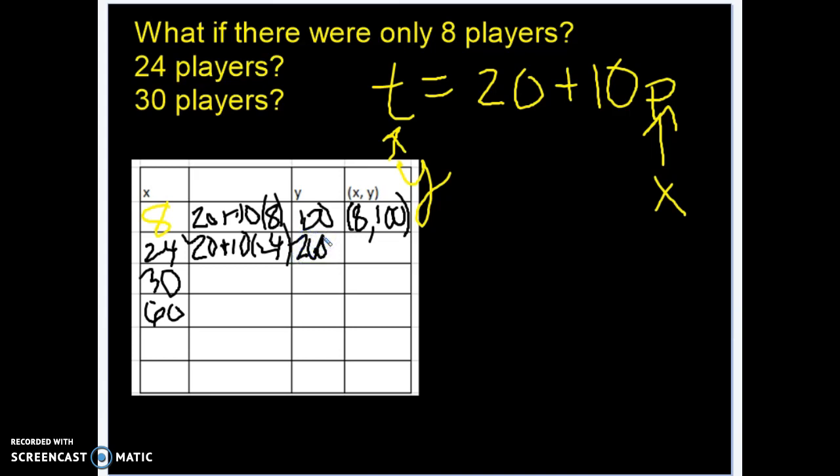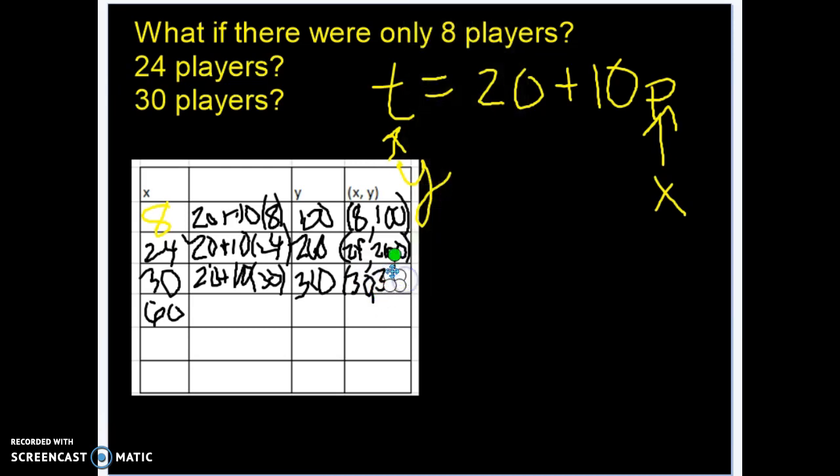So this ordered pair would be 24, 260. For 30, we're going to do 20 plus 10 times 30. Well, 10 times 30 is 300, plus 20 gives us a total of 320. Therefore, our ordered pair for 30 jerseys would be 30, 320.